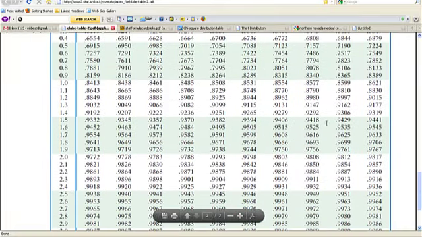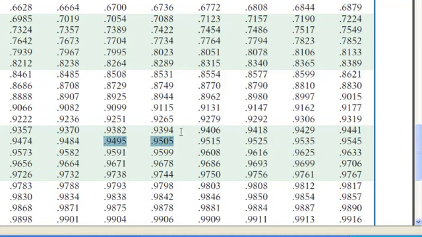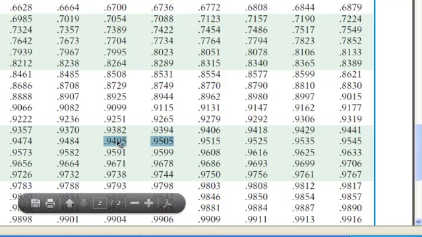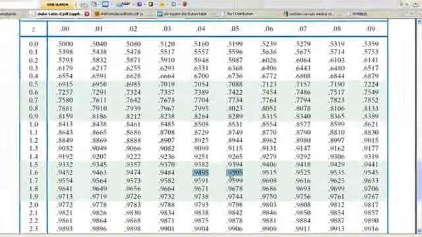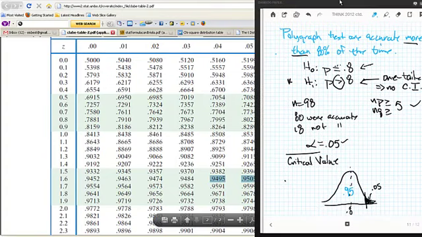So check it out. 0.95, let's see, 0.945, 0.9505, and I am between 1.64 and 1.65. So what I do is I split the difference and say that the critical region happens right here. This is my critical value, and it's going to be 1.645.